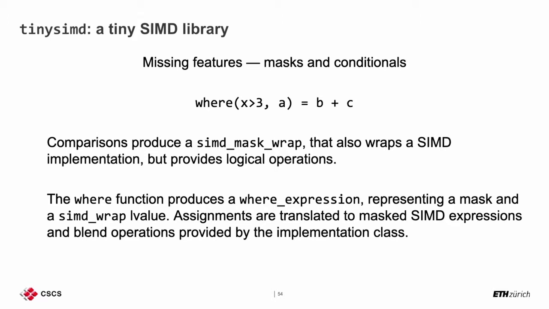And these will be what we get when we do a comparison. We'll overload our comparison operators to give us one of these mask wrappers instead of a regular wrapper. A where expression, much like our indirect expression, will be a placeholder that, when it turns up in an arithmetic expression or in an assignment operator, there'll be an overload that will unpack it and then actually do the back-end masked operations as required.